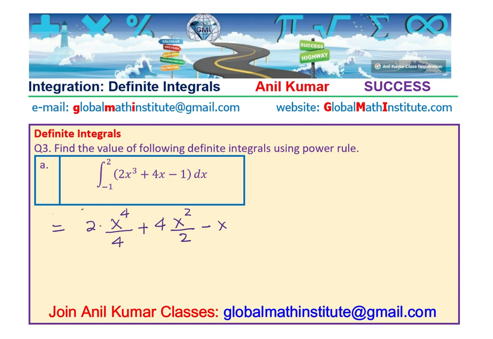Now this is from the closed interval minus 1 to 2. Remember, this is a polynomial. It is going to be continuous, and therefore we can apply this rule.